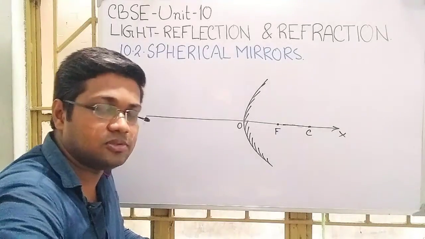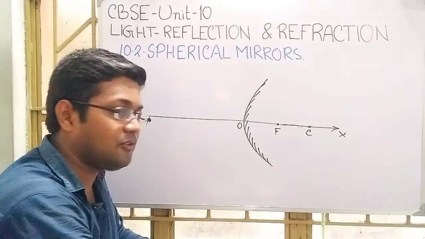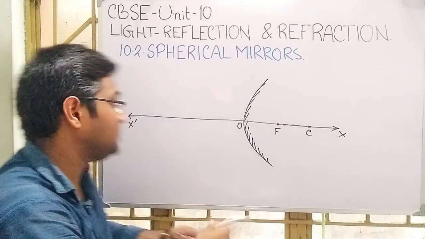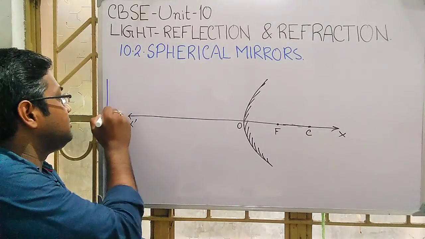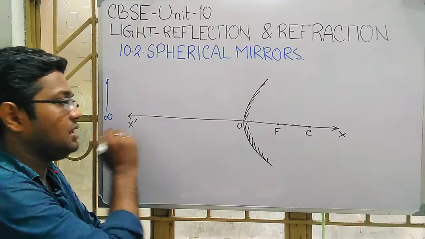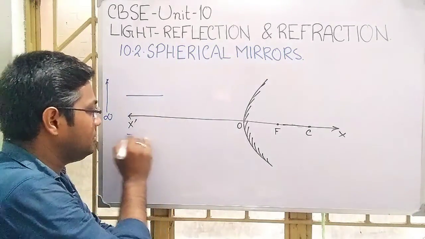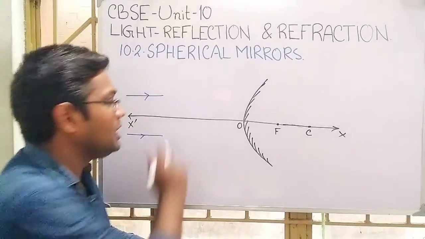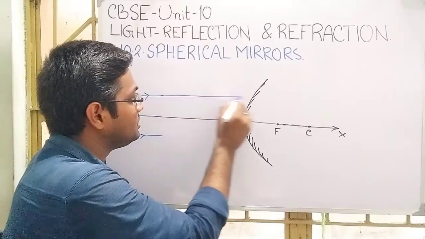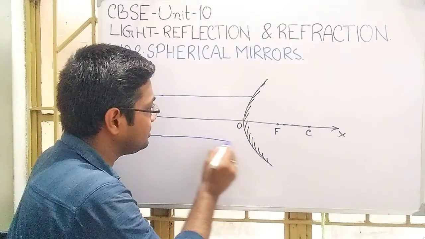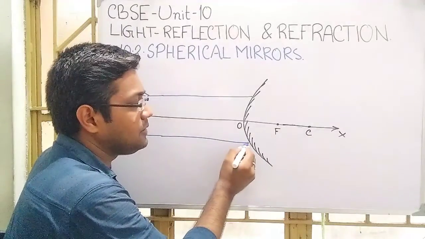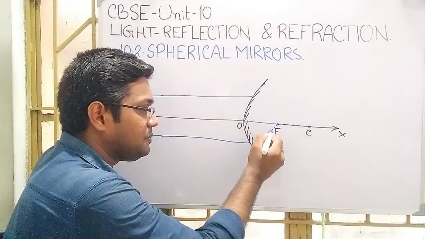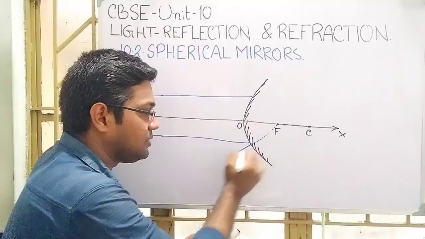So if I follow the rules and place the object first at infinity, then obviously the parallel light rays will come. If the parallel light rays are incident on the convex mirror, after reflection the rays will appear to diverge from the focus.